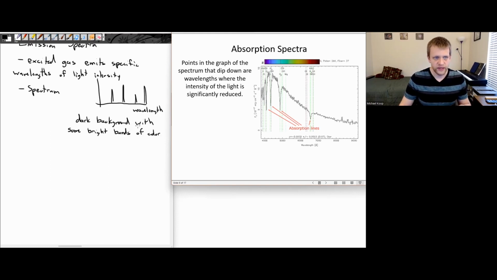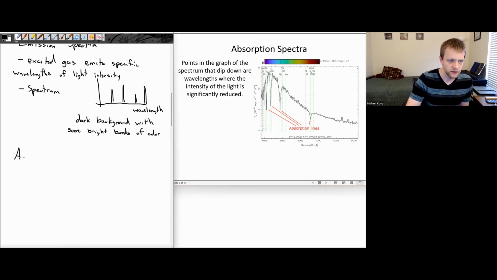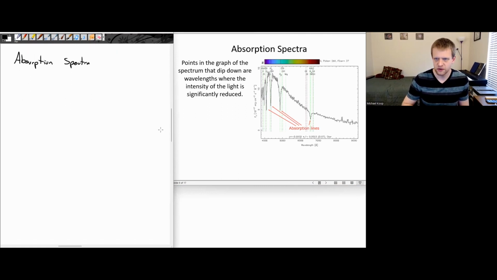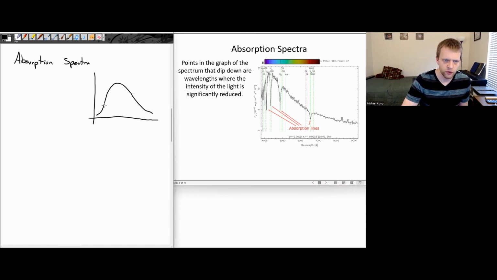On the other hand, we can have what's called an absorption spectrum. These graphs look quite a bit different, because in this case, what we'll have is a spectrum that looks something like this. It'll have that overall shape, but there will be specific colors that are missing. So these are little downward spikes at different locations.